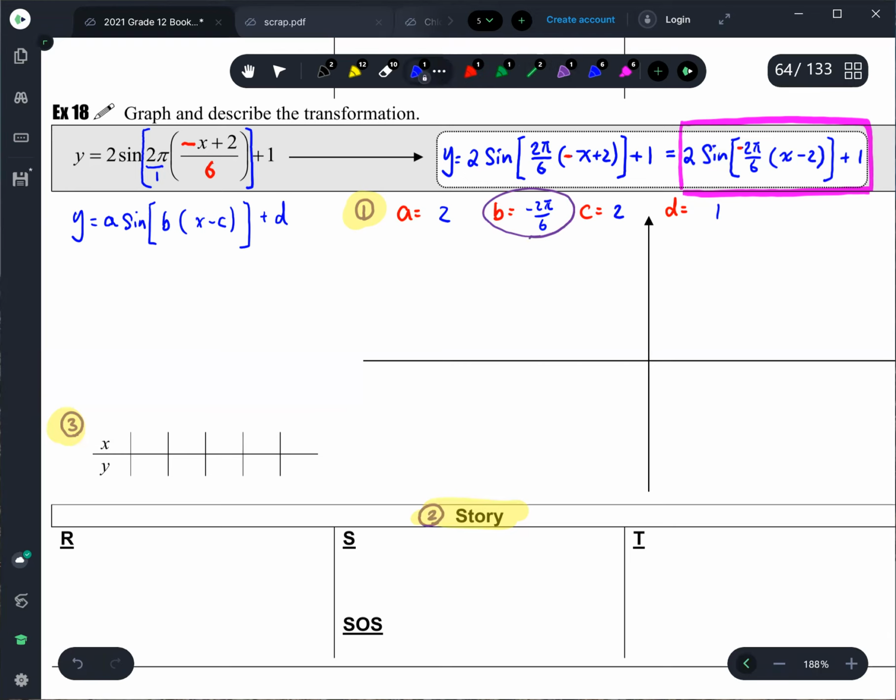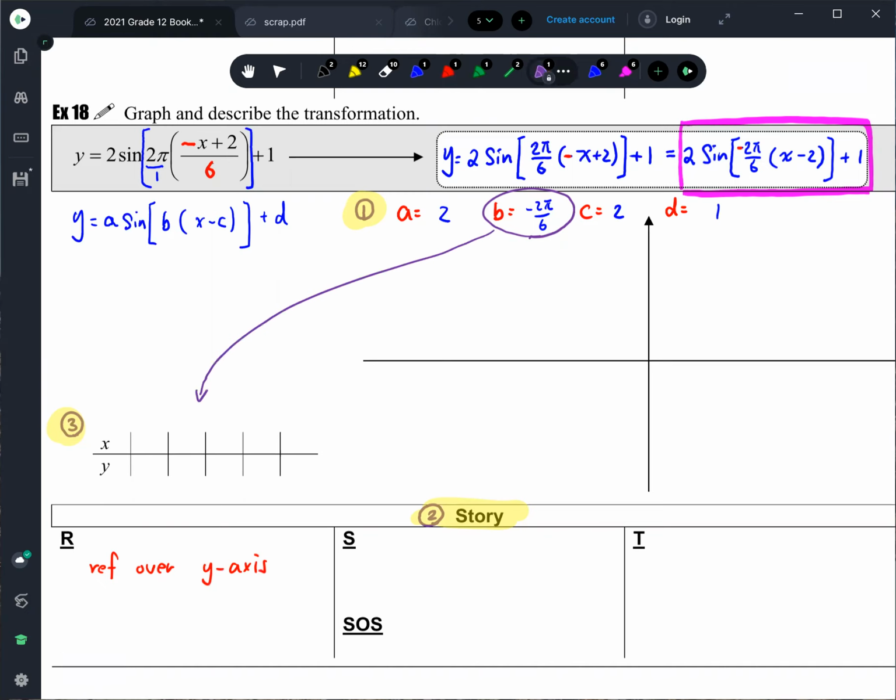Yes, reflection over y-axis, just like the last question we did. This one has a reflection over y-axis. So it's going to affect the way you get the x values. Reflect over y-axis.